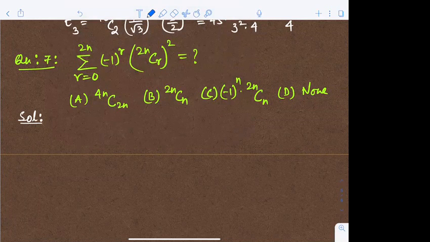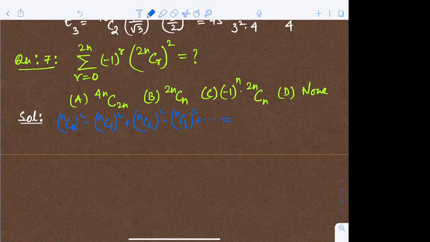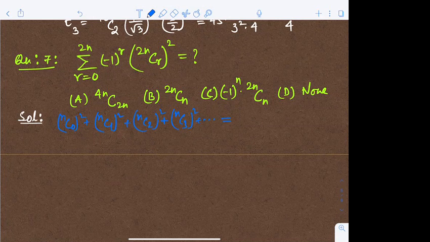Anyone remembers this one? nc0 whole square minus nc1 whole square plus nc2 whole square minus nc3 whole square plus dot dot. This type of expression, what is the value? If there is plus sign, then what is the value? Soham Boxi, what is the value?